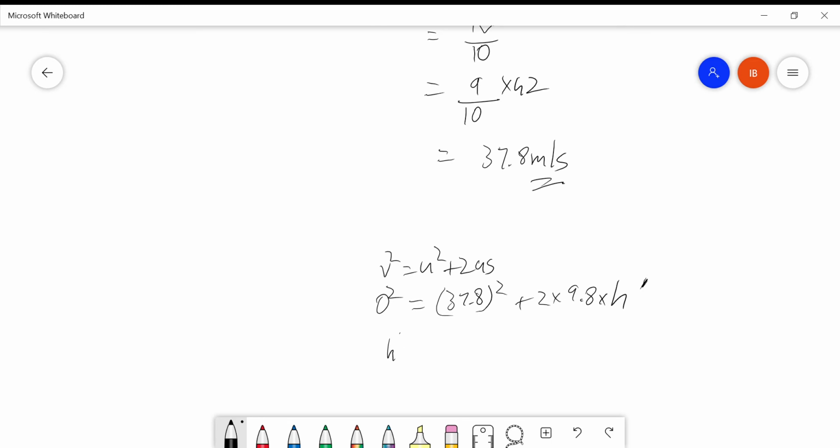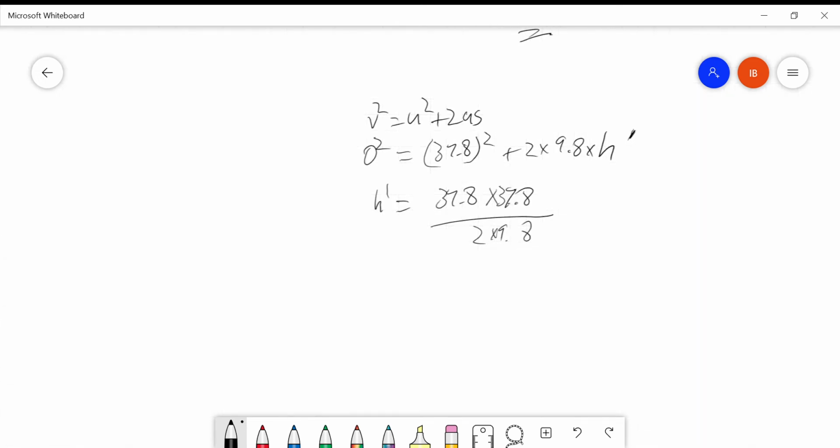So here h dash is equal to 37.8 into 37.8 divided by 2 into 9.8. Solving this we get 72.9 meter. That's the height it reaches after the first rebound.